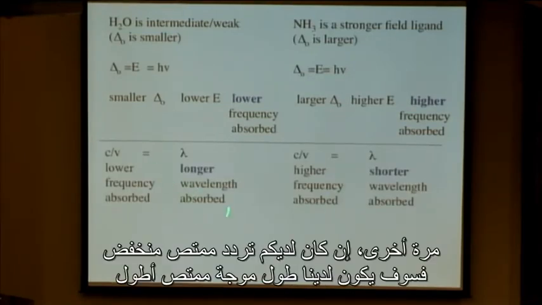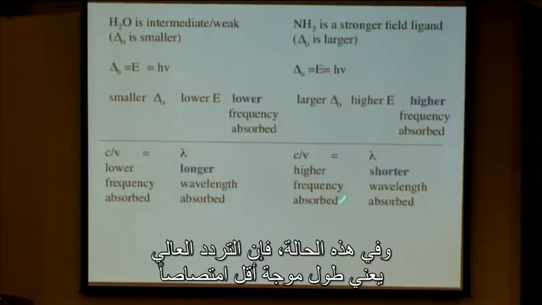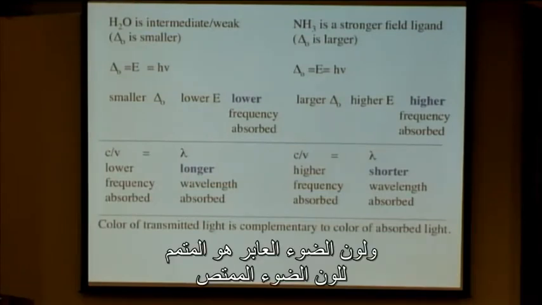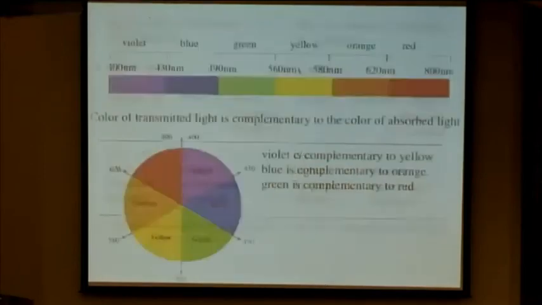Again, if you have a lower frequency absorbed, we have a longer wavelength absorbed. And in this case, the higher frequency translates into a shorter wavelength absorbed. The color of the transmitted light is complementary to the color of the absorbed light.